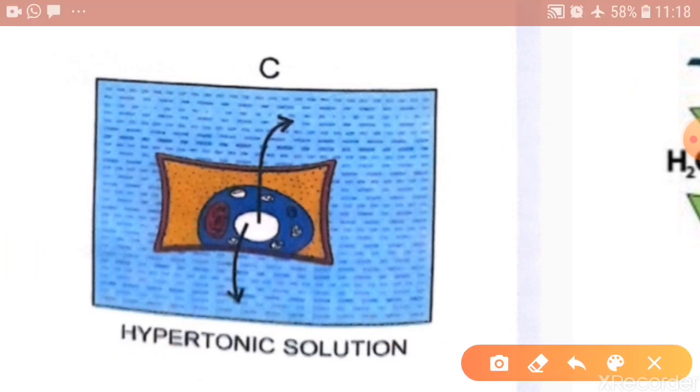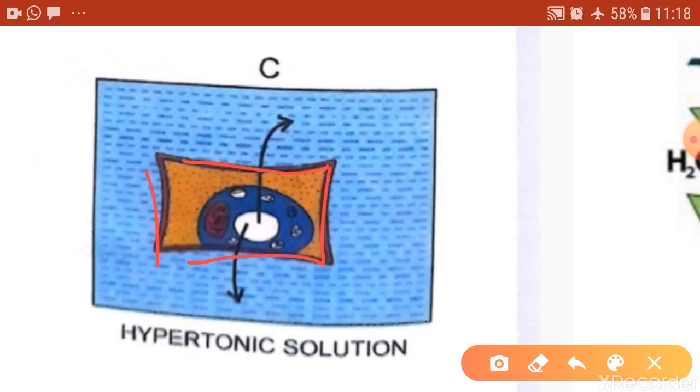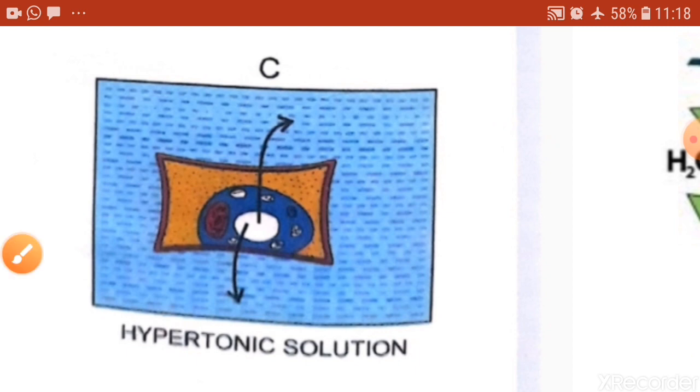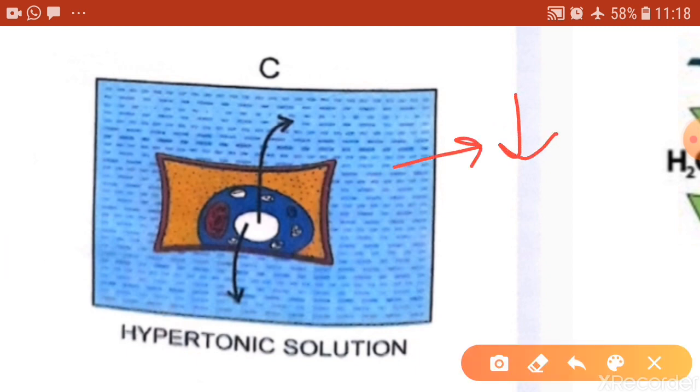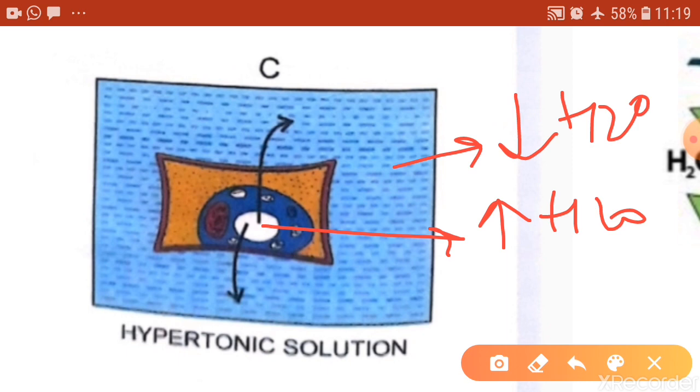In this case, as the systems are separated by the plasma membrane, water is going to enter and leave. But since there is less water concentration outside when compared to more water inside, and as I have already said, whenever there is a difference, water will move from higher water concentration to lower water concentration.